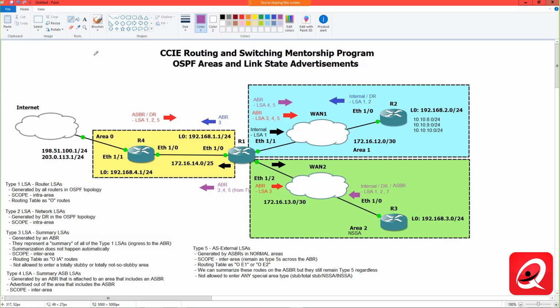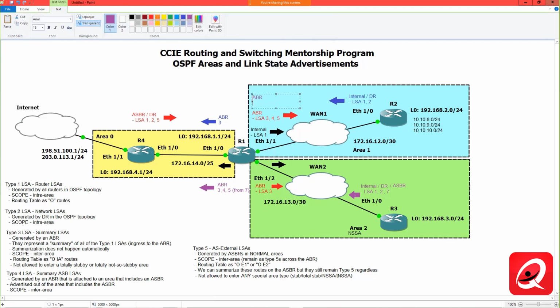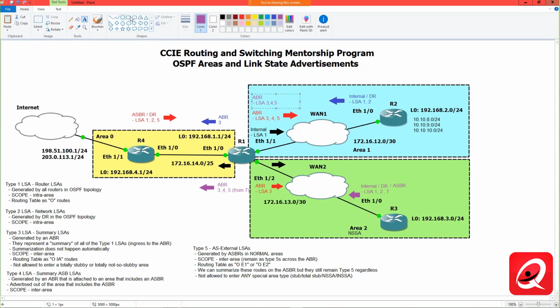All right, and I did forget actually, because I should still see some type 3s as well. I knew I was missing one. ABR is going to send in LSA type 3s, type 4s, and type 5s, representing the purple ones that are coming from area 2. Because we're still going to summarize, just because we have a special area type does not mean we restrict what leaves the area.